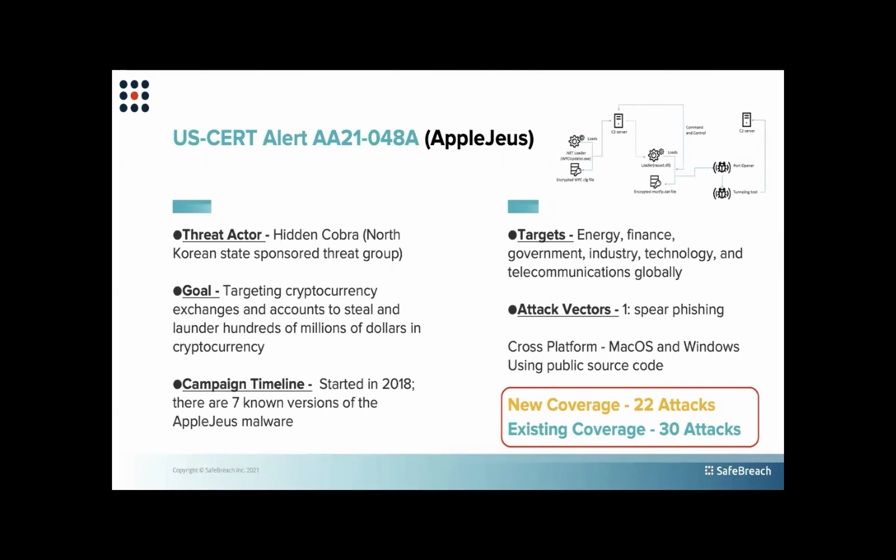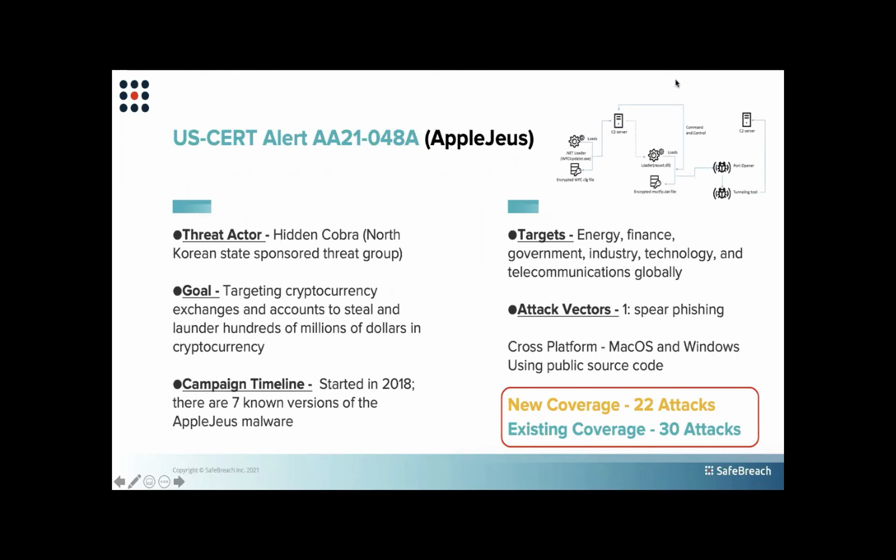It's a long campaign. It started in 2018, and during that time they developed 7 different versions of this malware. Every time a security company detects them and publishes a report, it's like a cat and mouse race. They change their tools. They get a new version. They are also using both macOS and Windows malware.